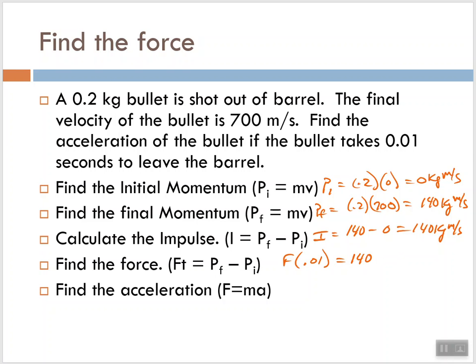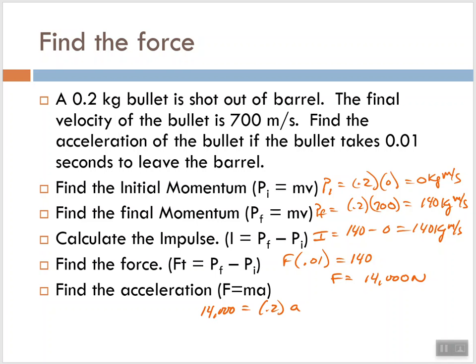So from here, to find the force, we're going to take that 140 and divide it by 0.01. And we find that the force is equal to 14,000 newtons. To find the acceleration, we go back into our F equals ma equation. We now know how much force was applied to the bullet, equals the mass, which is 0.2.